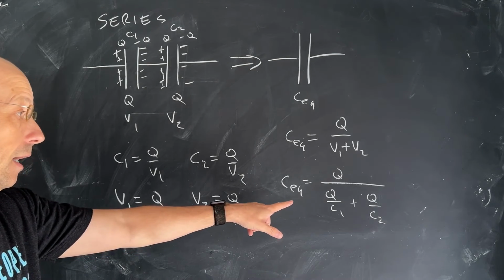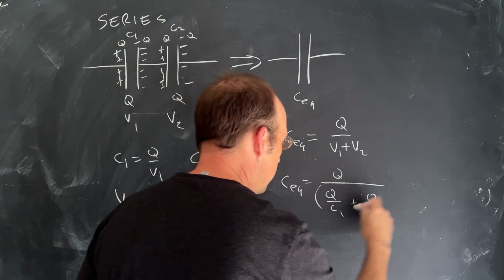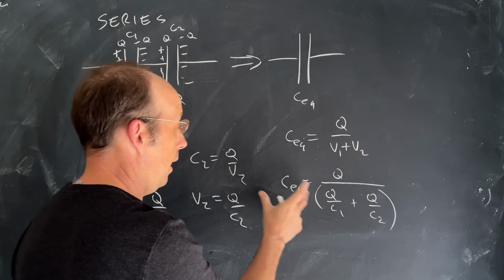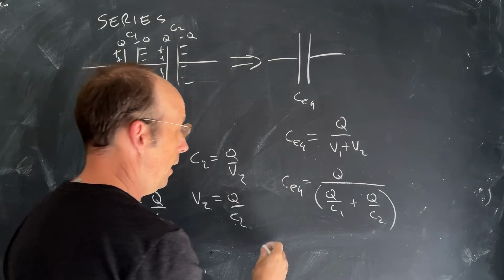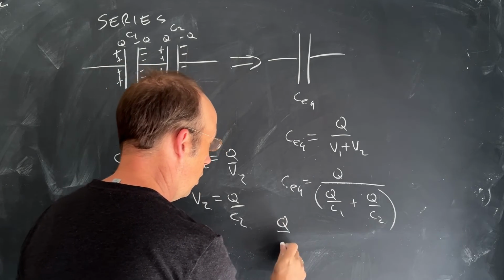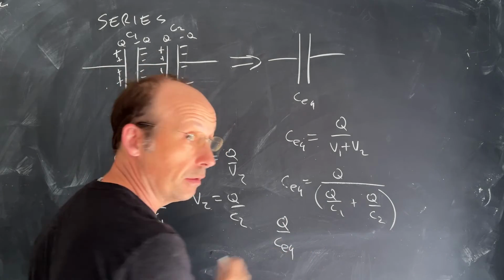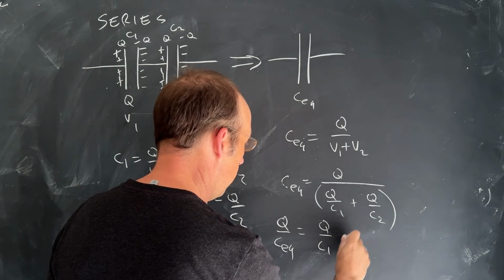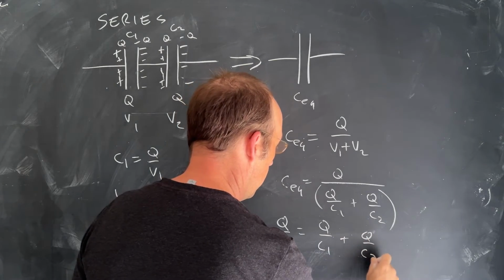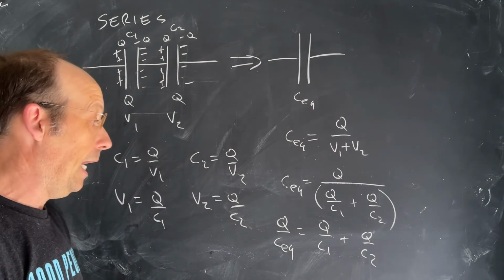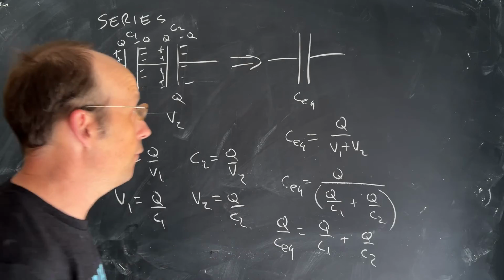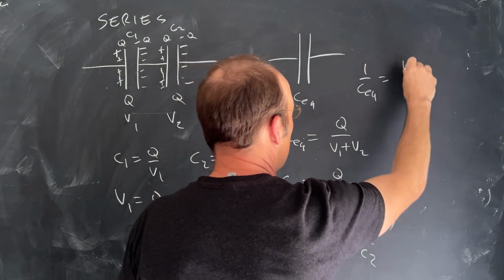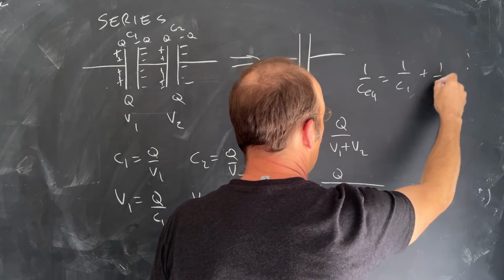Now let's take this and multiply both sides by this and divide both sides by that. And I get Q over C equivalent is equal to Q over C1 plus Q over C2. And the Q's all cancel, and I get the following. 1 over C equivalent is 1 over C1 plus 1 over C2.